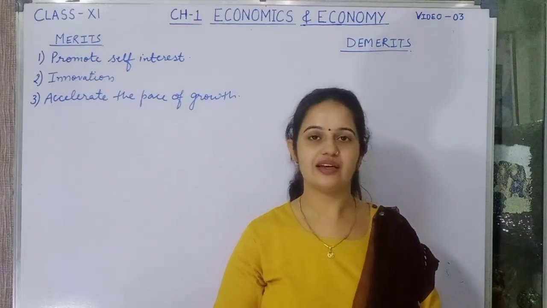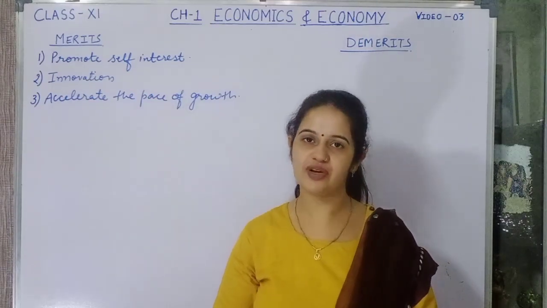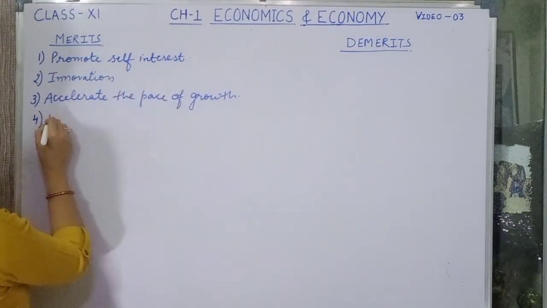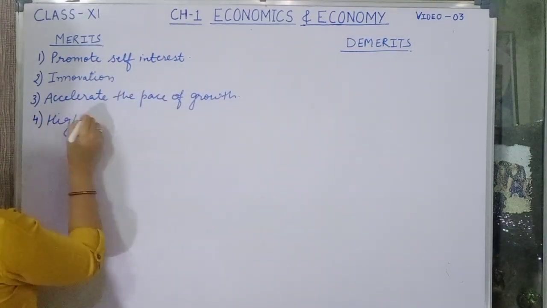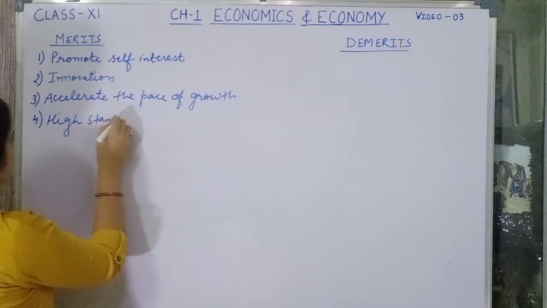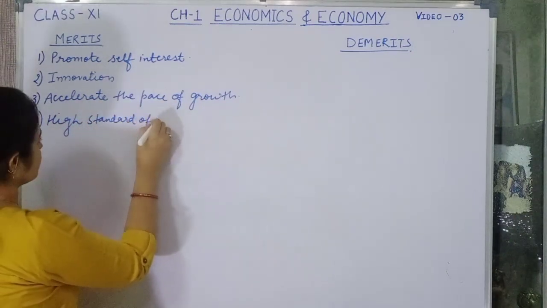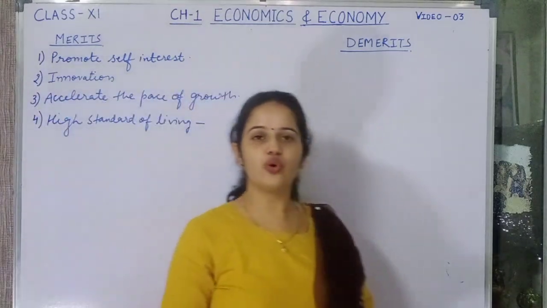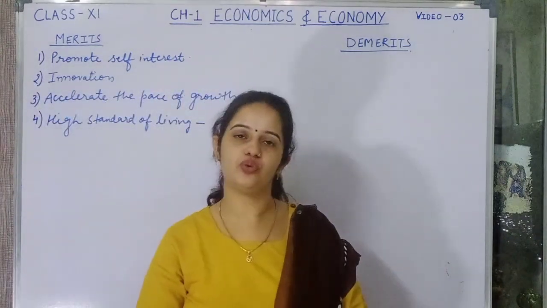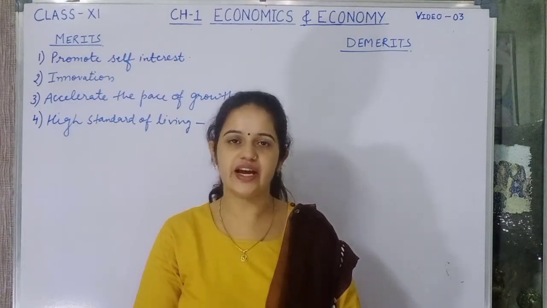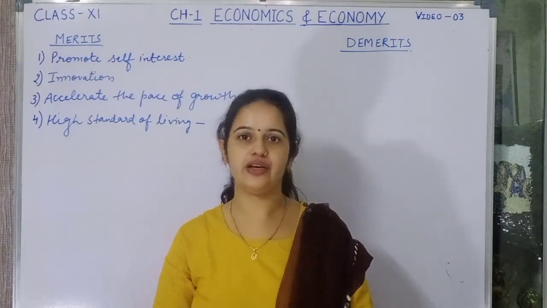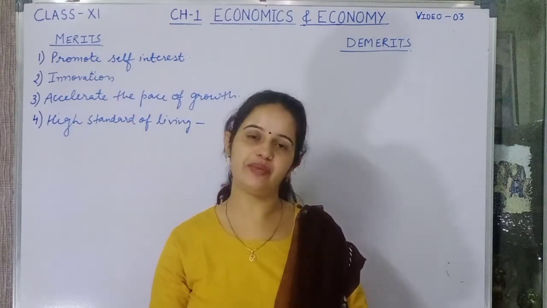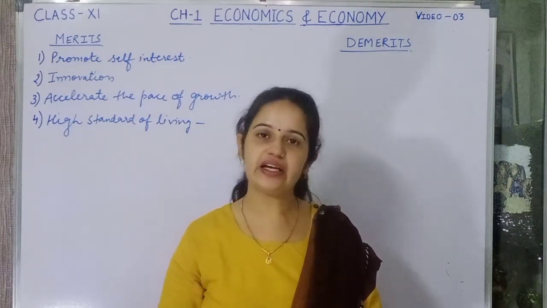Next, last merit of the capitalist economy is high standard of living. As the core objective is to earn profit, or we can say that profit is the target, so people earn more and more, so ultimately the living standard increases.